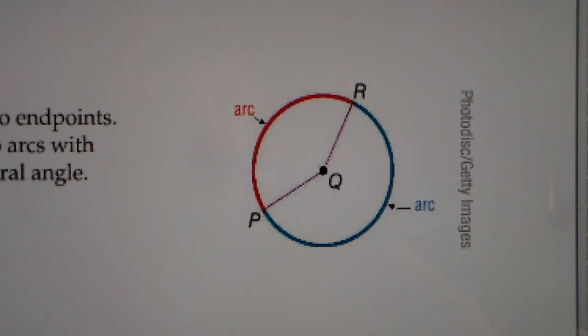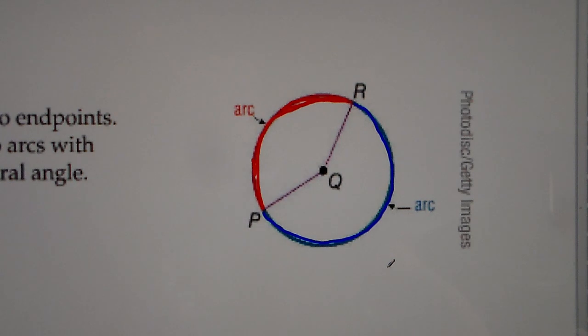It makes this blue arc, R, all the way down to P. And it makes this red arc, P, all the way to R. That's when you have two radii, or one central angle. It creates two arcs, one red one and one blue one. Now it's tough because there's only two letters and naming the arc and which arc you're going to be talking about.